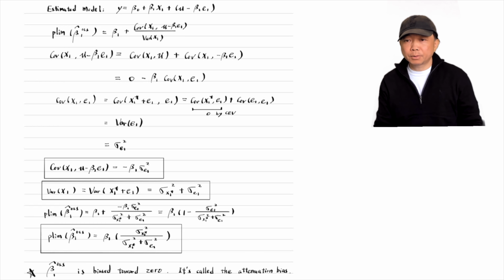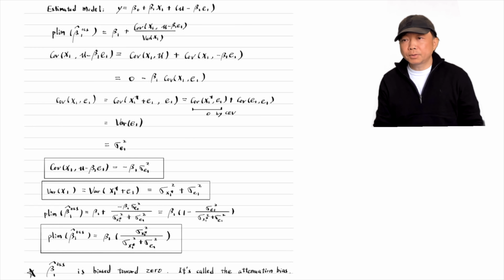If beta 1 is positive, then its OLS estimate will be downward biased. If beta 1 is negative, then its OLS estimate will be upward biased. The marginal effect of x1 on the outcome variable will be underestimated in both situations.